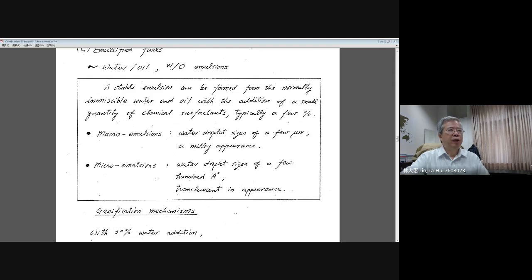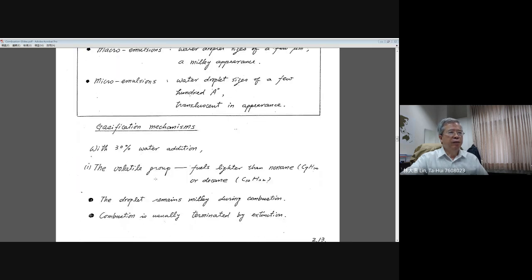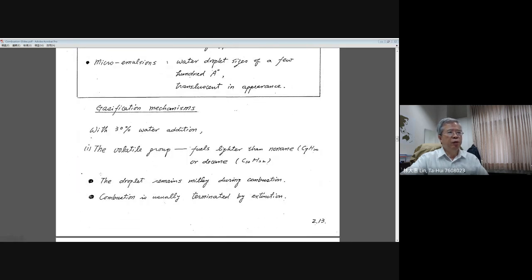Now let's look at two different kinds of applications. Depending on what kinds of liquid fuel you mix with water, you will experience different behavior in the gasification mechanism. In this case, we just use 30% water addition. The first one is the so-called volatile group.